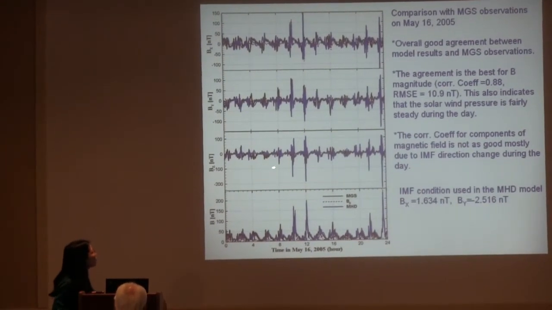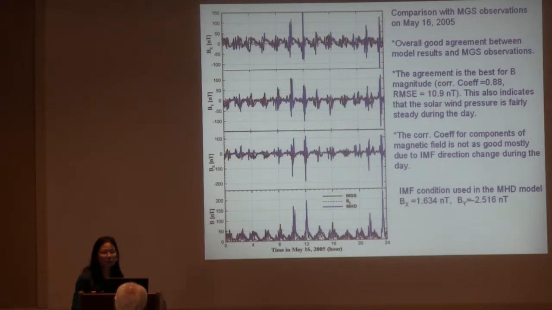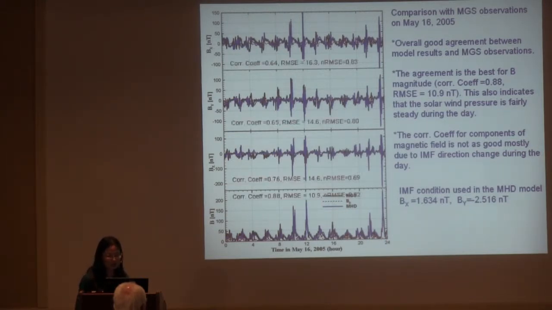As you can see here, even though we don't know the solar wind condition, so in the simulation we assume the solar wind to be constant, we got a surprisingly good agreement between data and the model along these 12 different orbits. The agreement is especially good for the magnitude of the magnetic field.